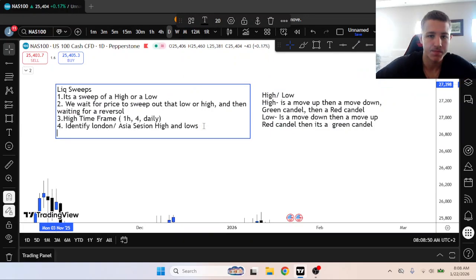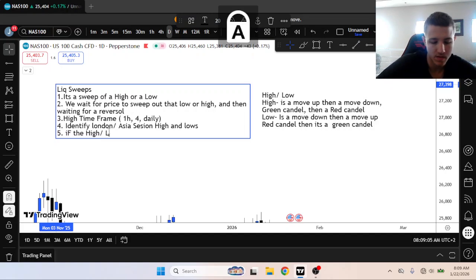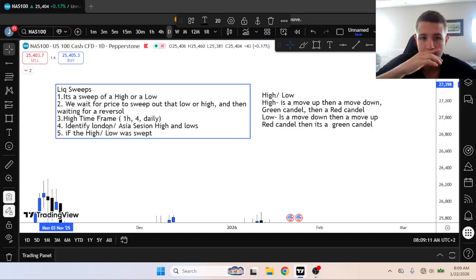So you can see we need to identify London high and low. If London or Asian session low or high was swept, we wait for our confluences.